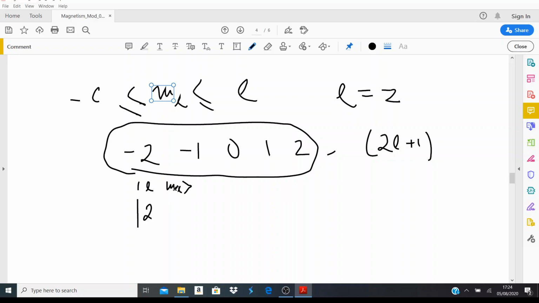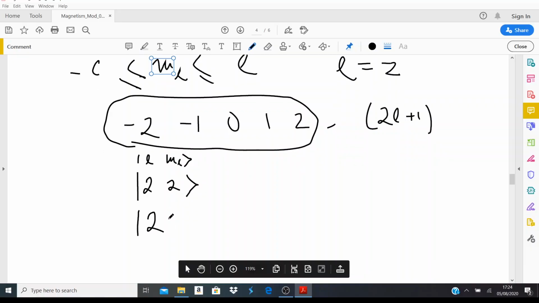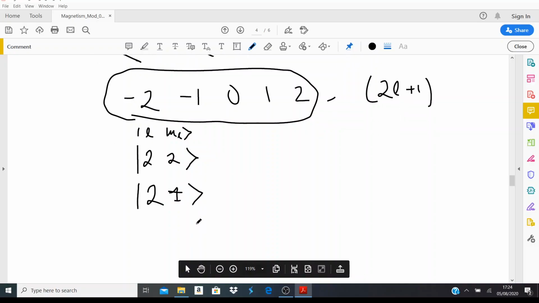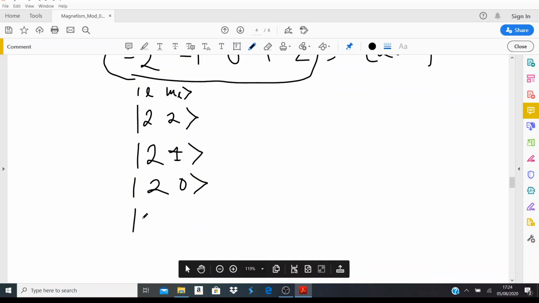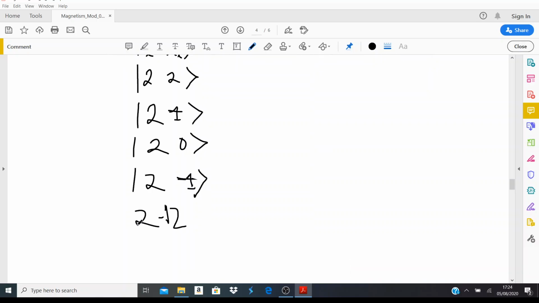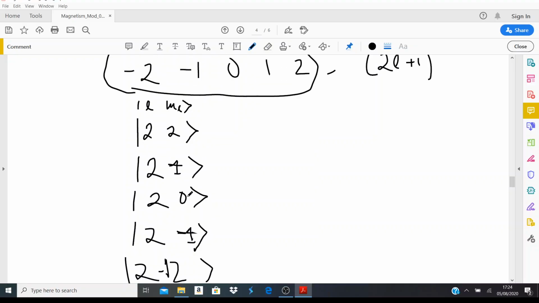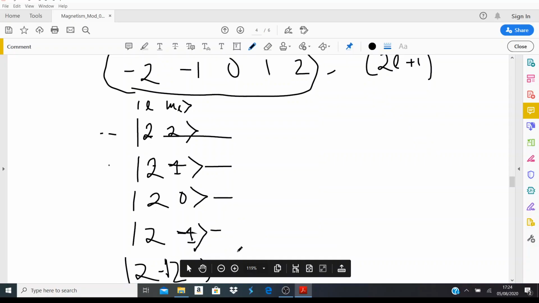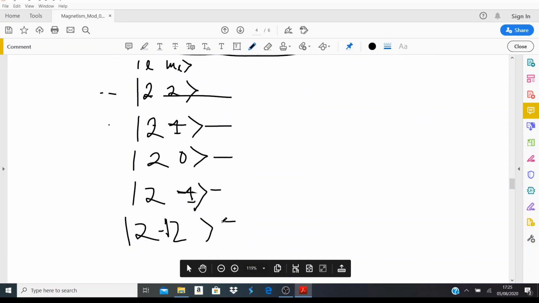So L is 2 always, but ML can be, let's say, 2 first, the maximum, then 1, then 0, then minus 1, and then minus 2, right? So we have 5 of these states. You can think of these states one on top of each other, forming a ladder. It's kind of a ladder, right? You can step up the ladder, and you can step downwards in the ladder, right?